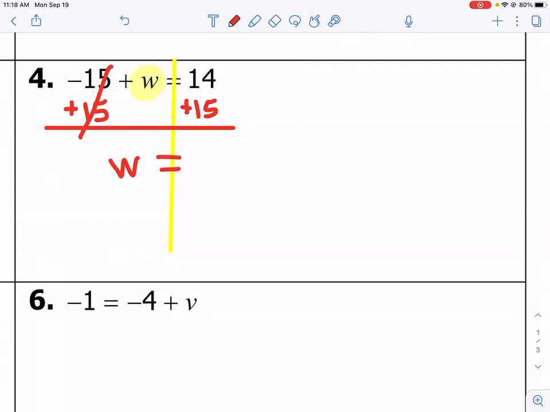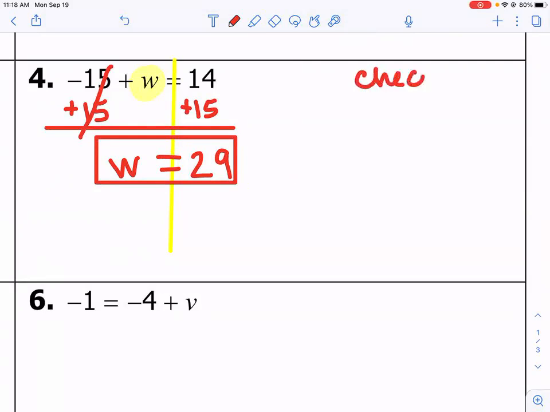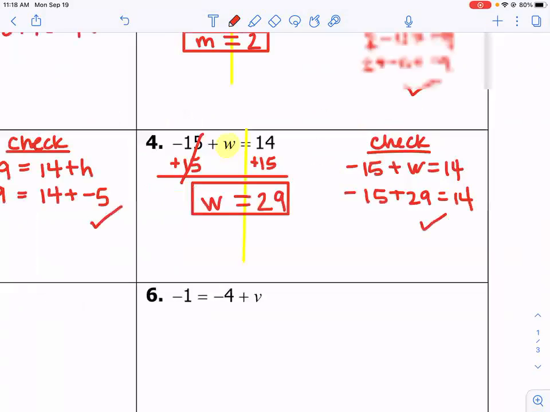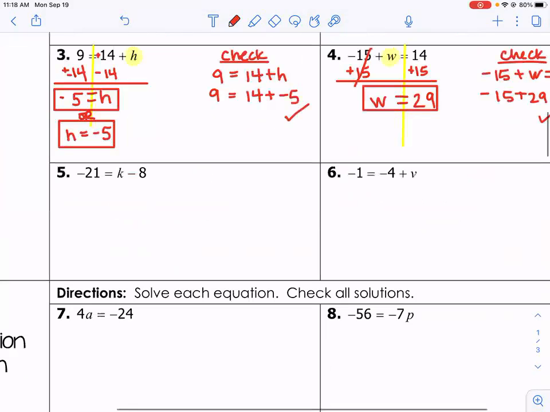What is 14 plus 15? 29. Okay, so when we check, we have negative 15 plus w equals 14. Is negative 15 plus 29 equal to 14? Yes. Okay, you and your elbow partner, I want you to work together to solve 5 and 6.